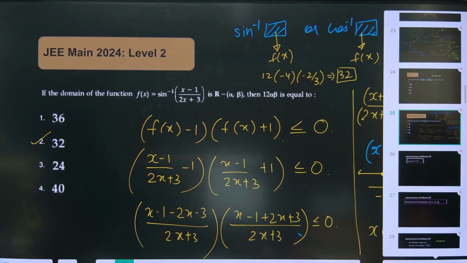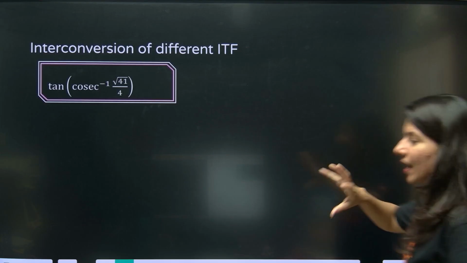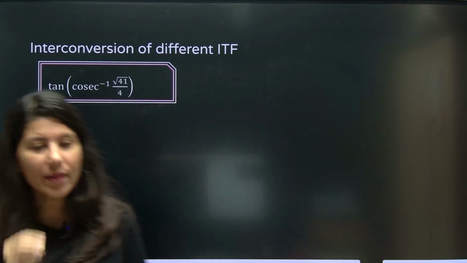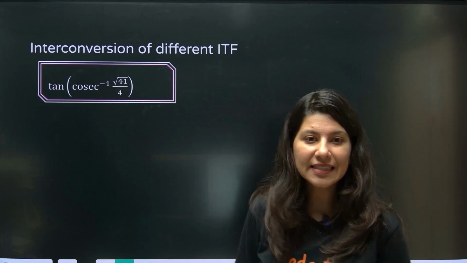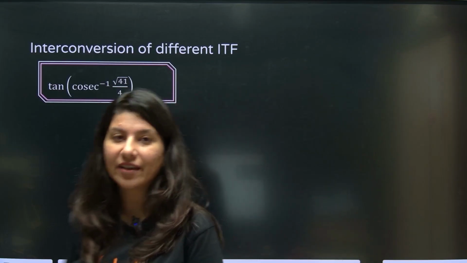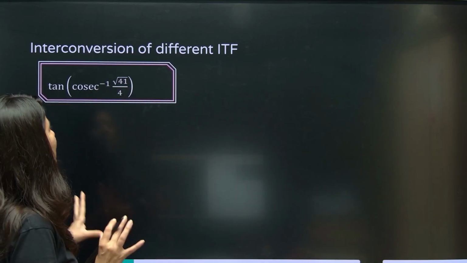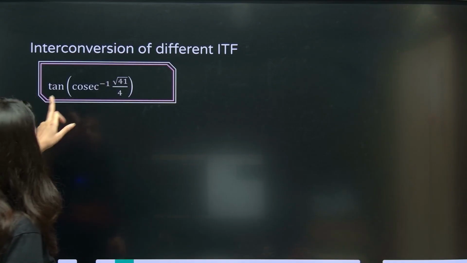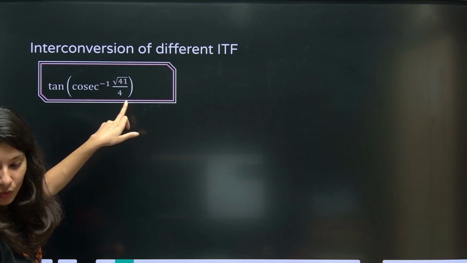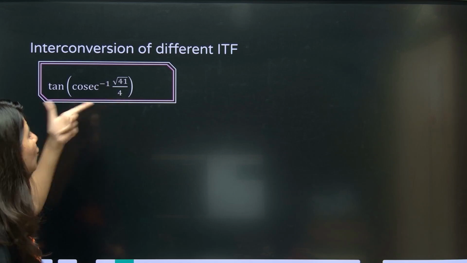Okay. Now there is a subtopic which is very important for inverse trigonometric functions, and that is interconversion of ITF. This is the easiest possible thing which can happen to you. So, tan of cosec inverse root 41 by 4 over here.